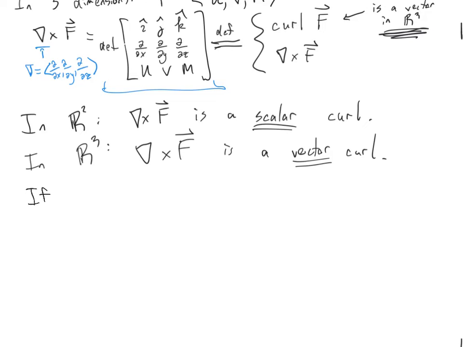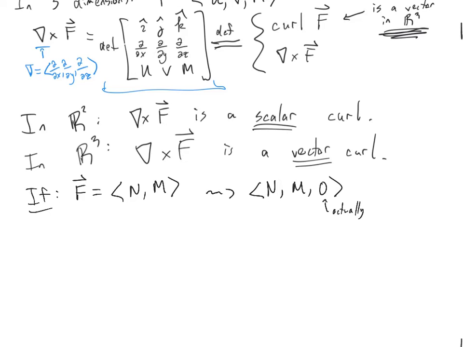So if you take a 2-dimensional vector field, n comma m, and you turn it into n comma m comma 0, actually 0, then 2 things happen when you try to compute the vector curl of f.